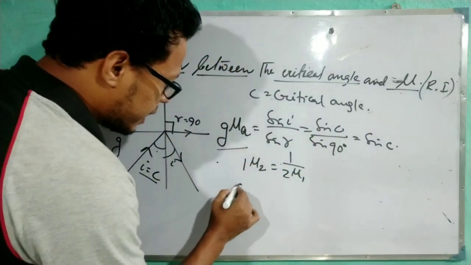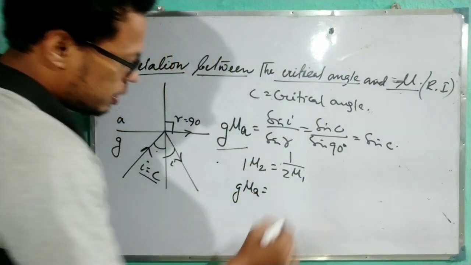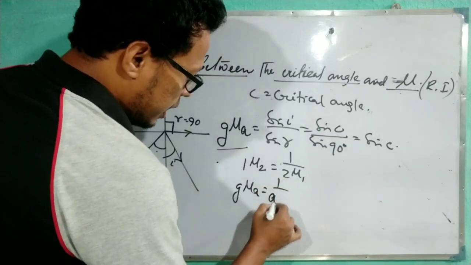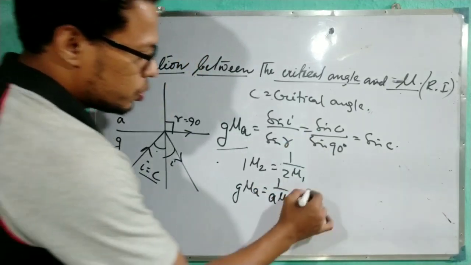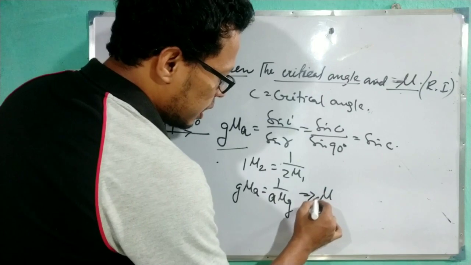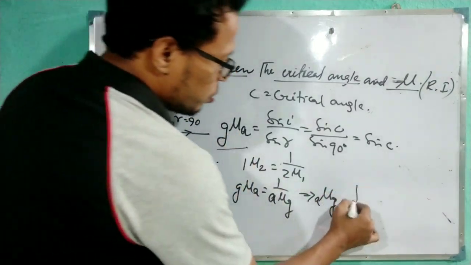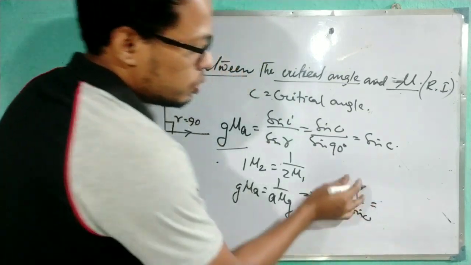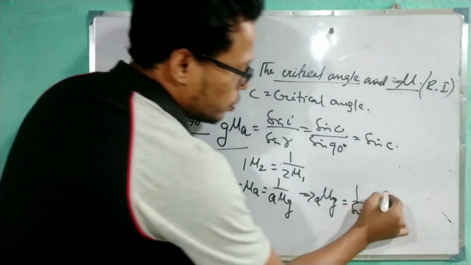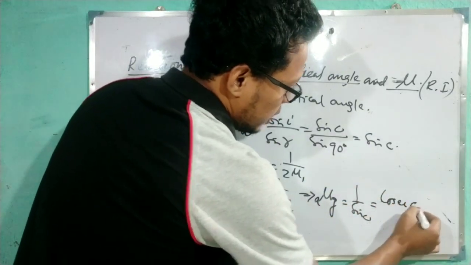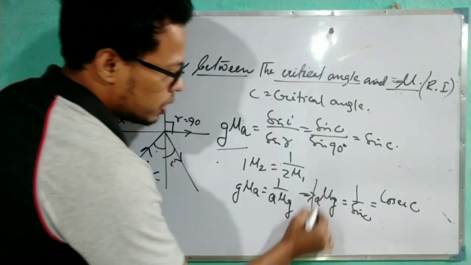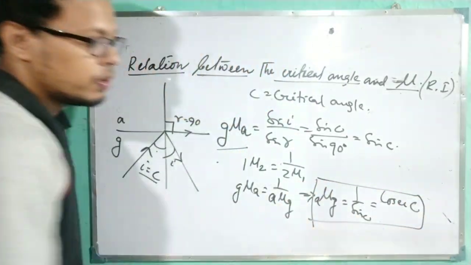So here we can write G mu A equals 1 by A mu G, which means A mu G equals 1 by G mu A, that is 1 by sin C, which is cosec C. So the relation we got is A mu G equals cosec C.